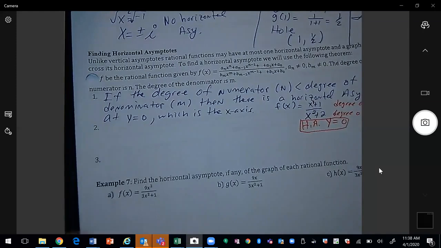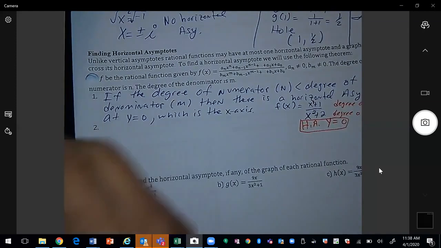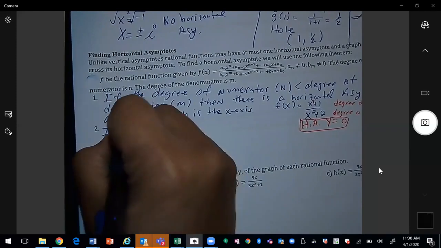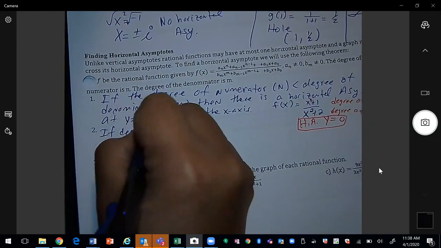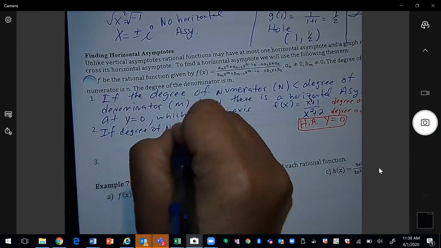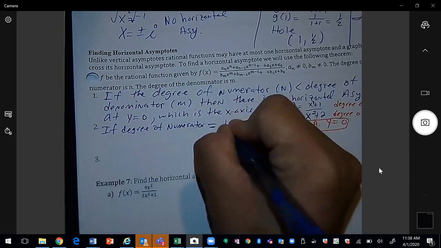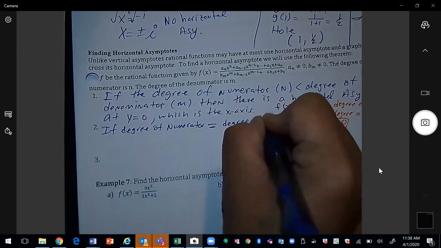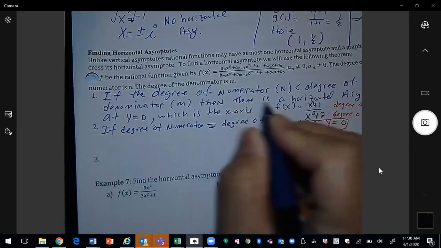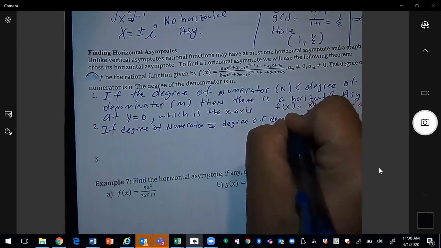The second case is when they're equal. If the degree of the numerator equals the degree of the denominator.